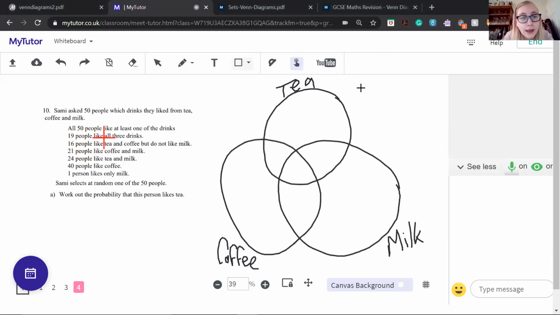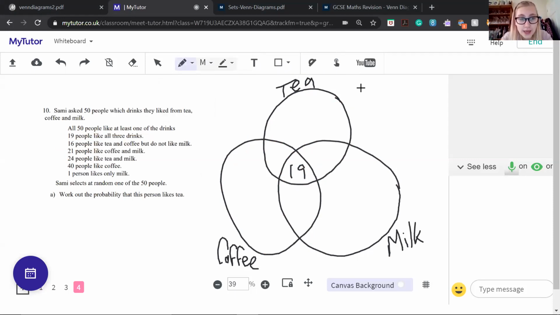19 people like all 3 drinks. We can pop that there, right? This is the intersection. 19 people like all 3. It's in the tea circle, it's in the coffee circle, it's in the milk circle. 16 people like tea and coffee, but don't like milk.